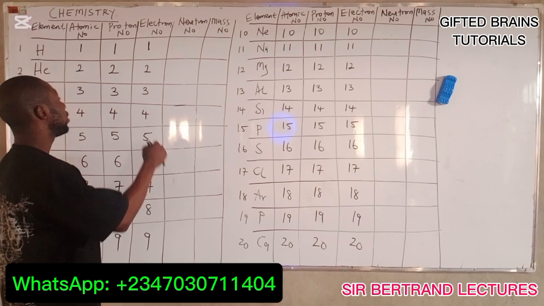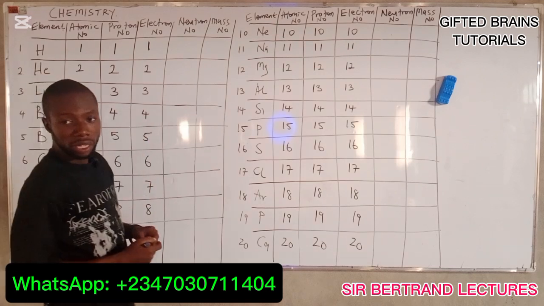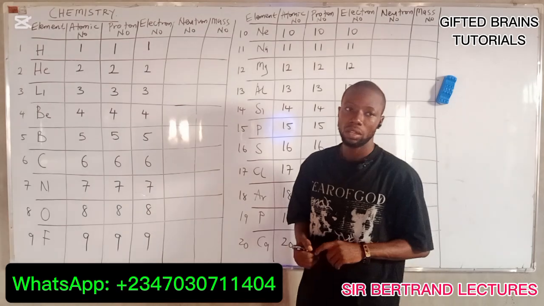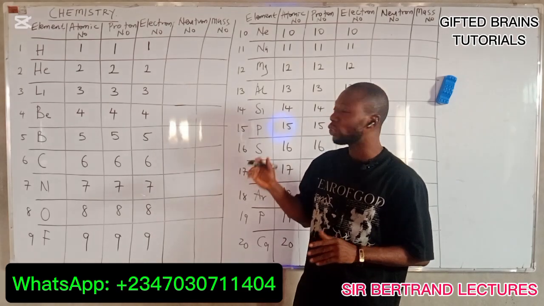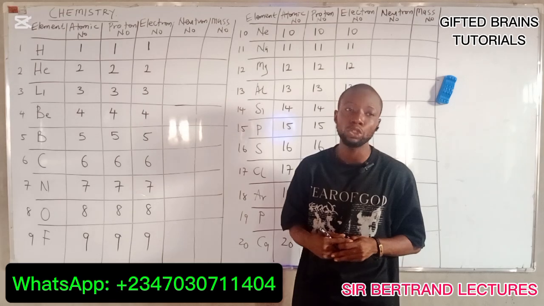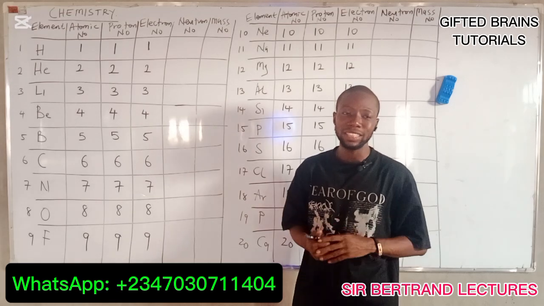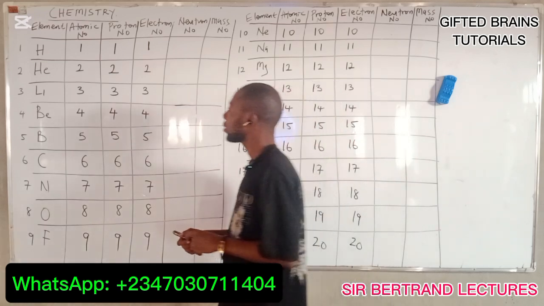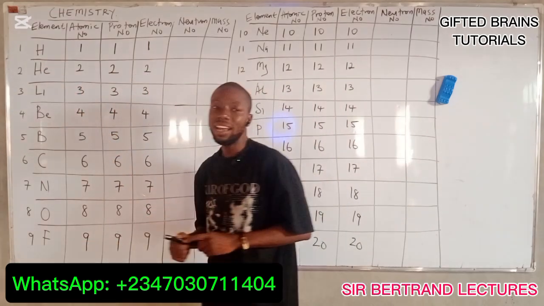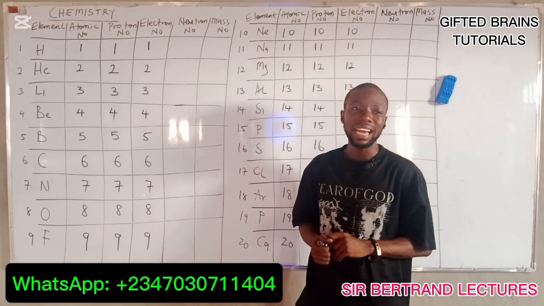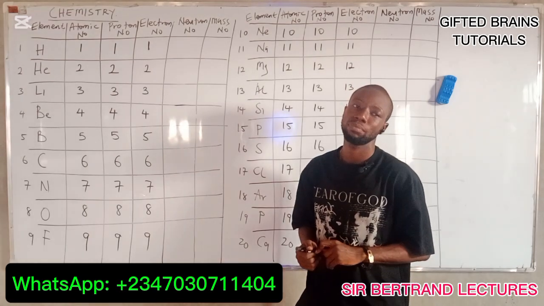And I've said that for those elements that exhibit isotopy, we are going to use the isotopes that are more in abundance in the table to get the mass number, because these are the isotopes of the element that are more in abundance. All right? Then for the sake of hydrogen here, I told you in the last video that the most abundant isotope of hydrogen is protium.